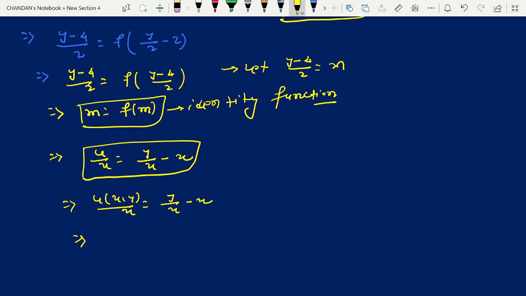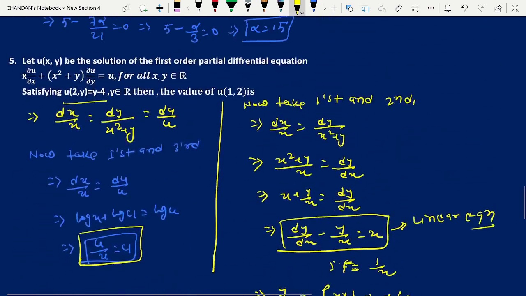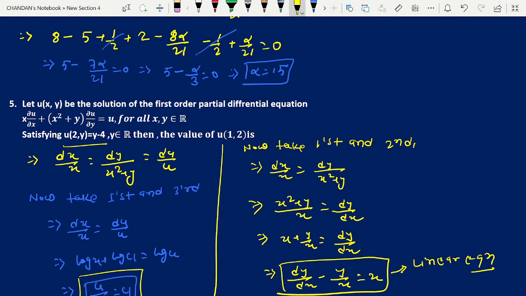So what they are asking, u of 1, 2, then the value of x is 1, then the value of y is equal to 2 by 1 minus 1. Then what we got, u of 1, 2 is equal to 2 minus 1 is equal to 1. So the correct answer is, the value of u(1, 2) is 1.